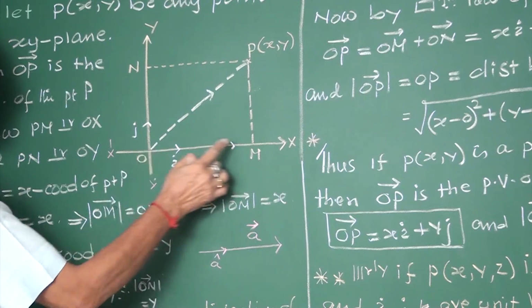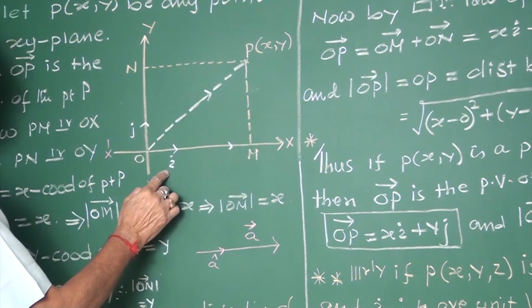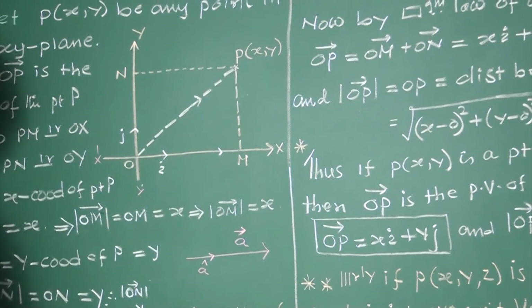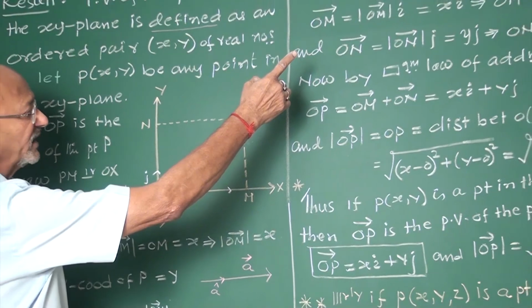Therefore, vector OM equals magnitude of OM into i. But magnitude of OM is x. Therefore, this is x into i.